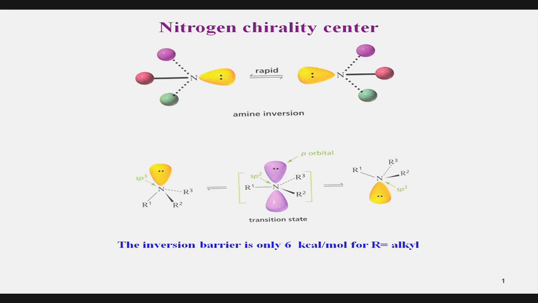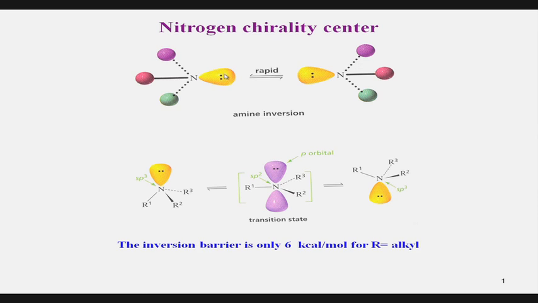because there is a rapid interconversion between this enantiomer and this enantiomer and vice versa. So, they rapidly interconvert into one another, and this interconversion is what is called the nitrogen inversion phenomenon. What is the nitrogen inversion phenomenon?